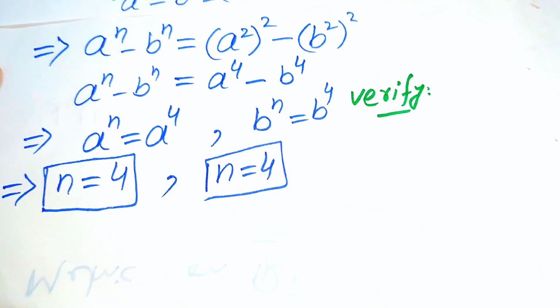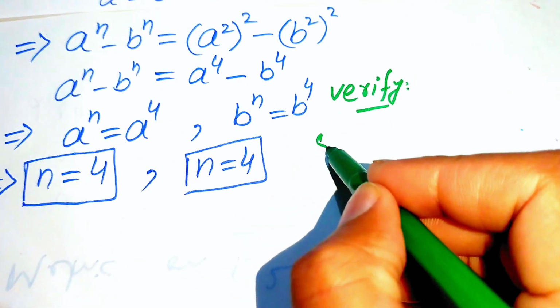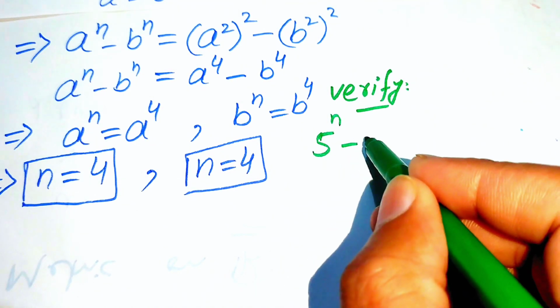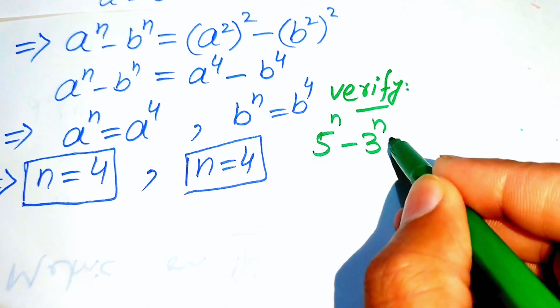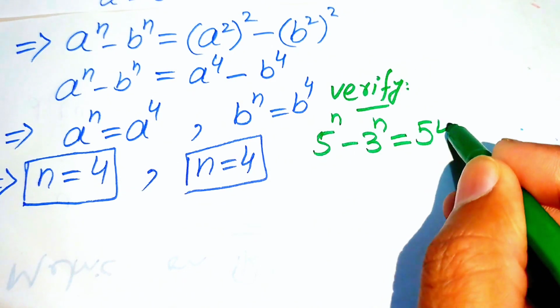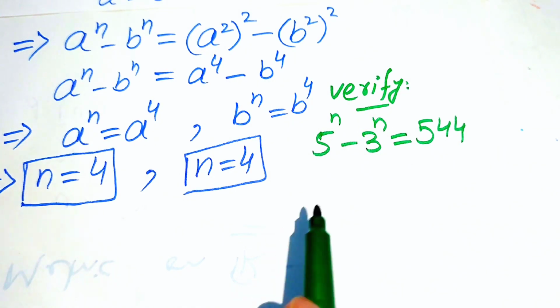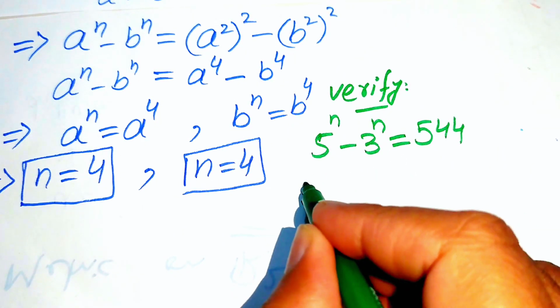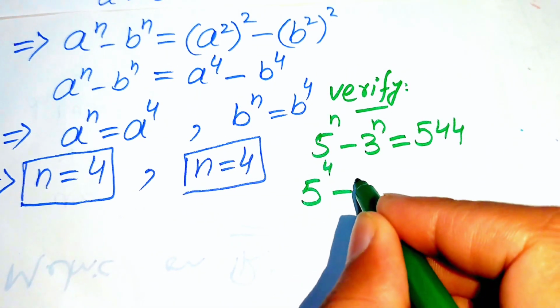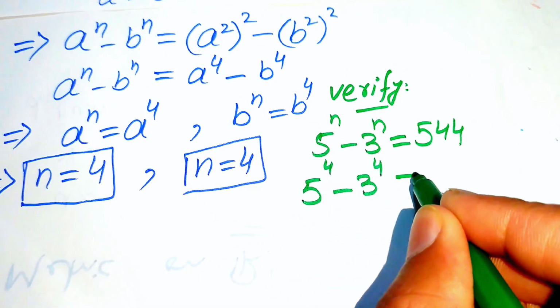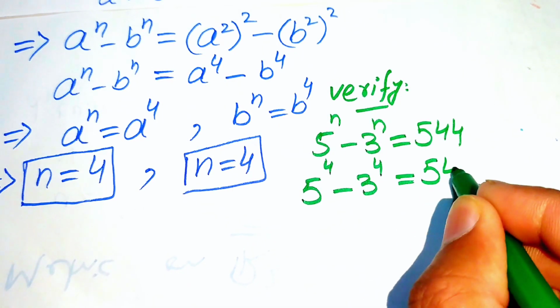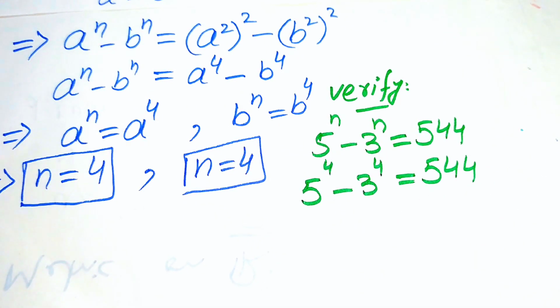For verification we again copy down the given question statement: 5 to the power of n minus 3 to the power of n equals 544. Now we substitute the value of n and get 5 to the power of 4 minus 3 to the power of 4 equals 544.